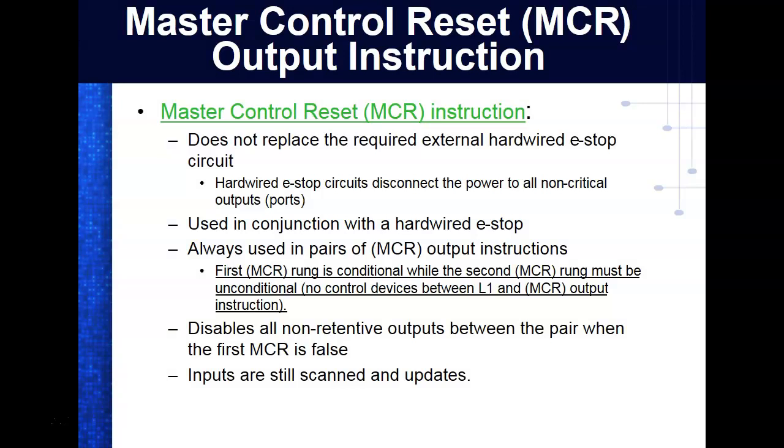This guy is not hard. Master control reset, the MCR instruction, does not replace the required external hardware. First of all, e-stops have to be hardware. Everybody understand why? The only place I know that it's not always hardware is inside a robot.